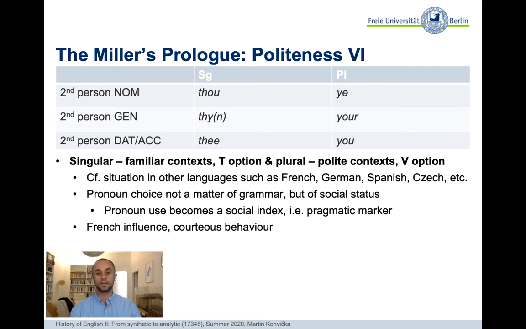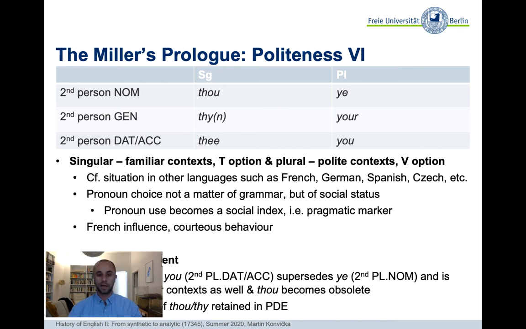So what you do here is you use the pronoun to signal the social position of your interlocutor. Depending on who you are talking to and what your relationship with that person is, you choose the right pronoun for the situation, and what is not decisive is whether you're talking to one person or more than one person.